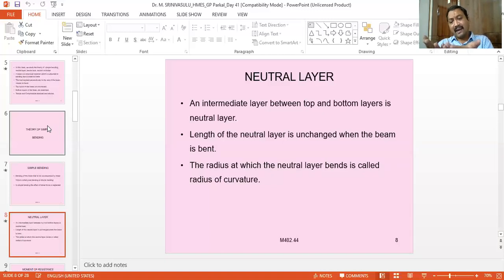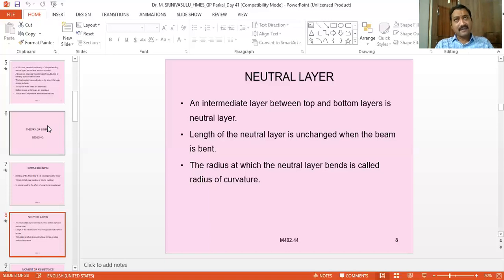The intermediate layer of the section, which is equidistant to the innermost layer and outermost layer, will not change in length, so that layer is subjected to neither compression nor tension. Its length remains constant, and that layer is called the neutral layer.